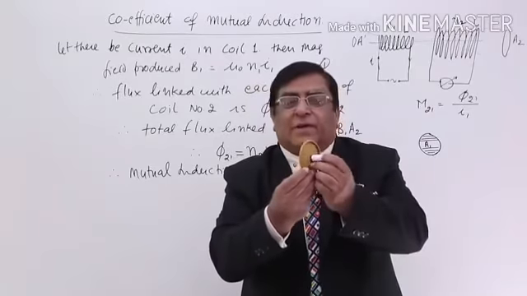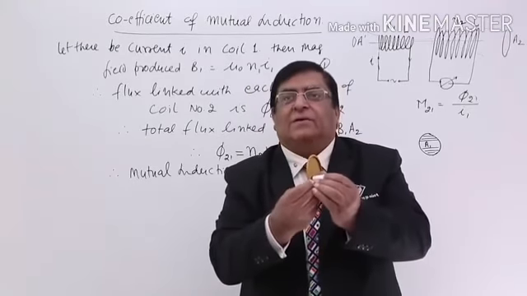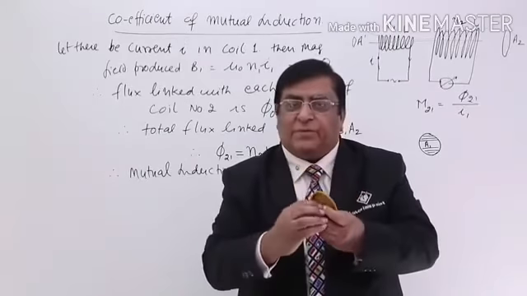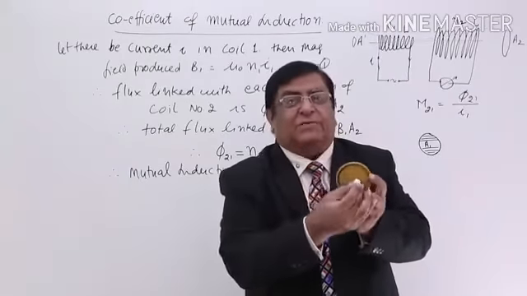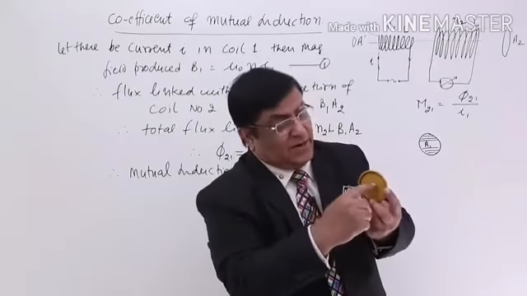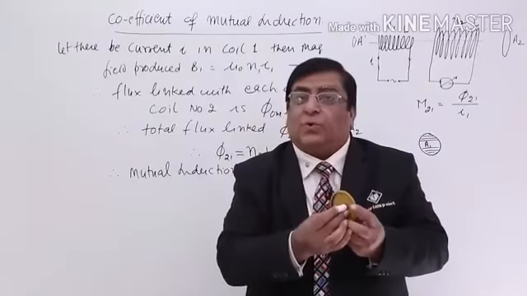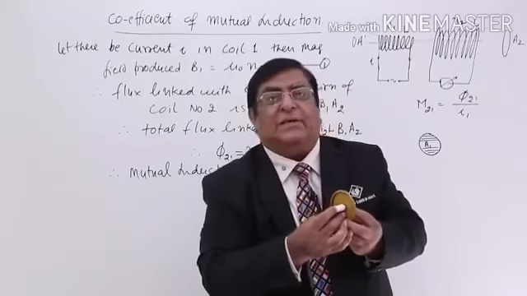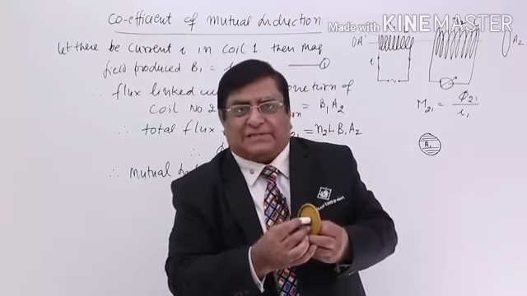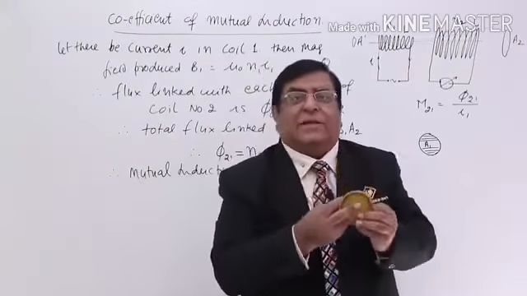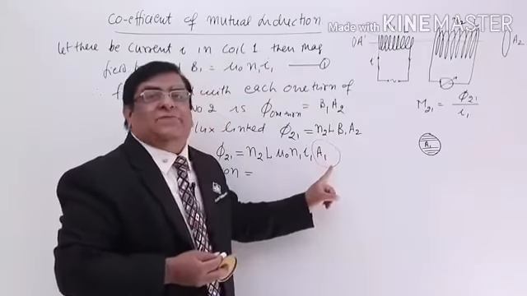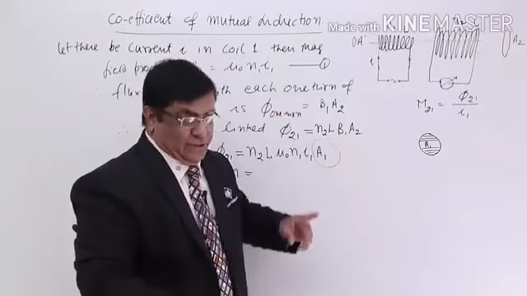Is this magnetic field linking with the whole area A2, or is it linking only with area A1? Yes, your answer is it is linking only with area A1. So, what is the area of linkage, A1 or A2? Yes, the answer is A1. Therefore, I have taken it as A1, the effective area of linkage.